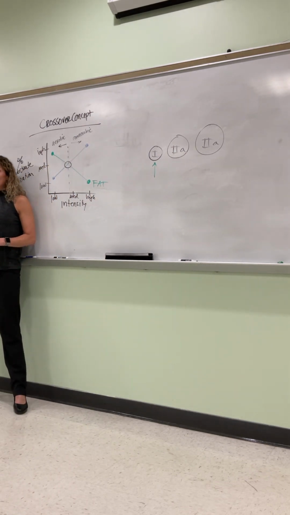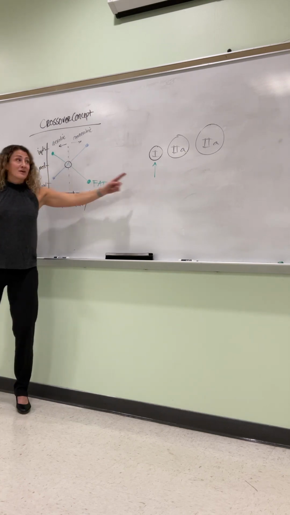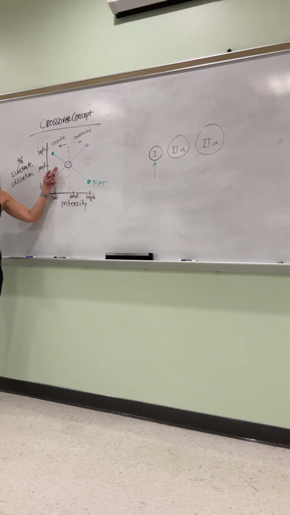Type 1 fibers are good at what kind of metabolism? Aerobic. What is it about a type 1 fiber that makes it good at using oxygen? Mitochondrial density, capillaries, oxidative enzymes, and myoglobin. So these fibers are really good at using oxygen. If we're using oxygen, we might as well use fat.